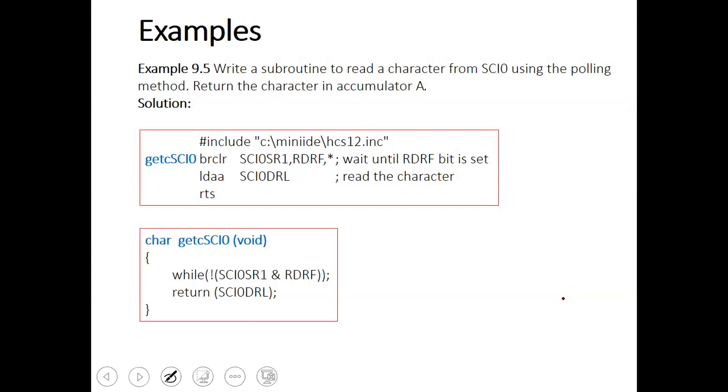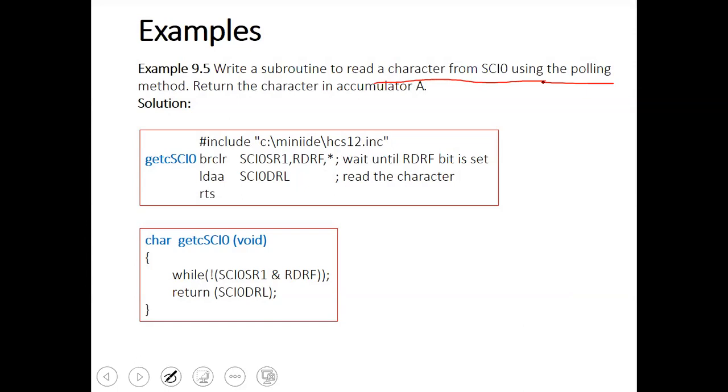Here is another example, which is just the opposite of the previous example, where we write a subroutine to read a character from SCI0 using polling also. So we need to write a subroutine that receives one received byte or one received character from SCI 0.